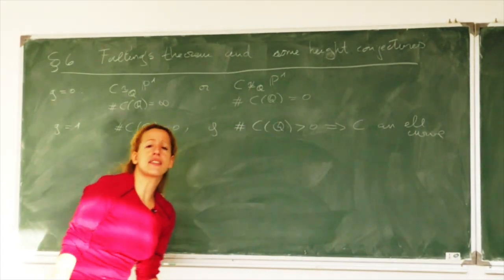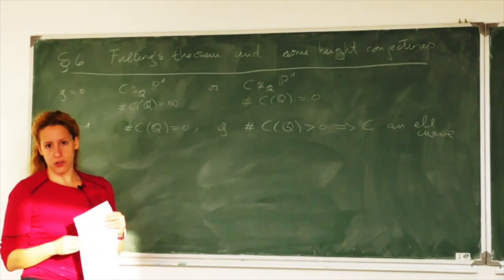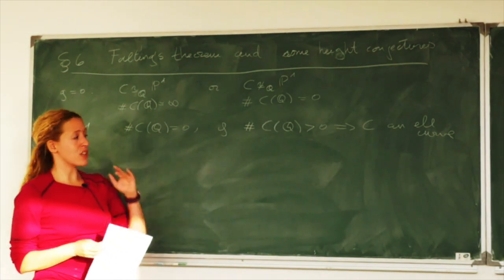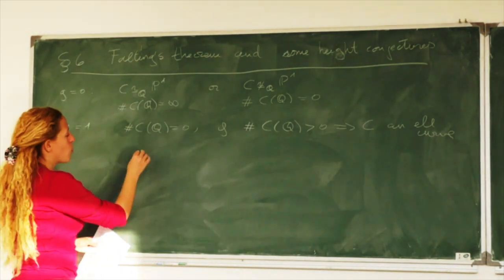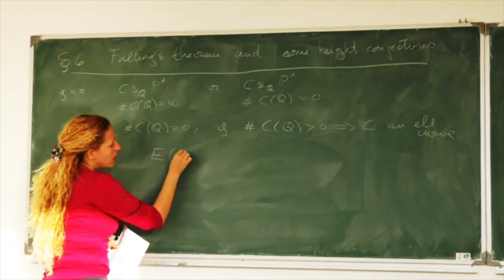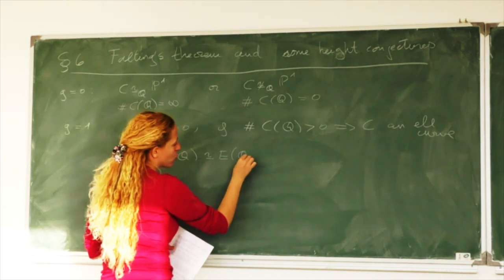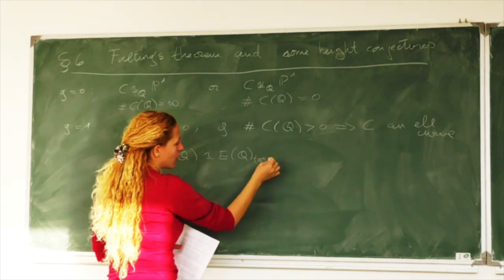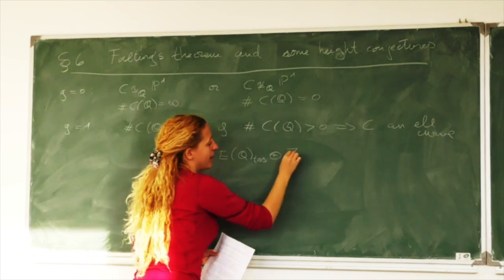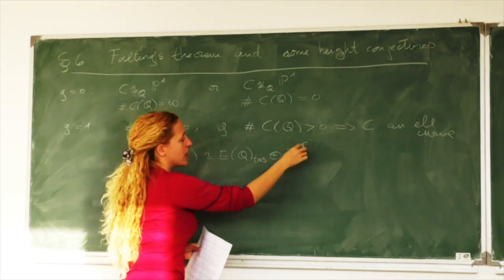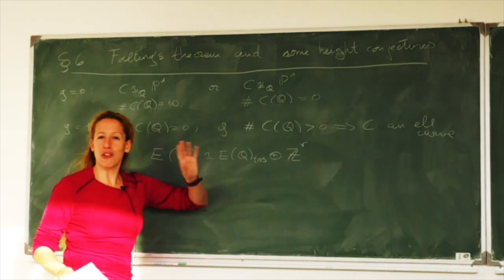In previous lecture, lecture 5, we studied the set of rational points of an elliptic curve. We know that in general, the rational points of an elliptic curve are equal to the torsion points plus Z to the R, where R is the rank.